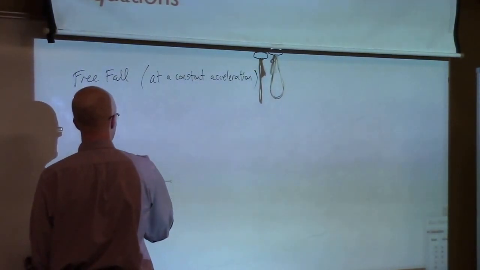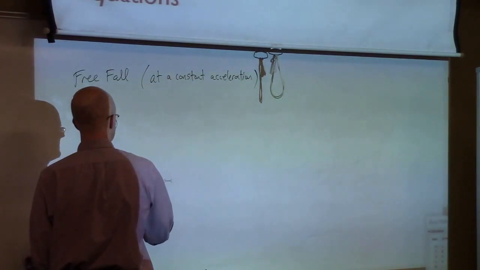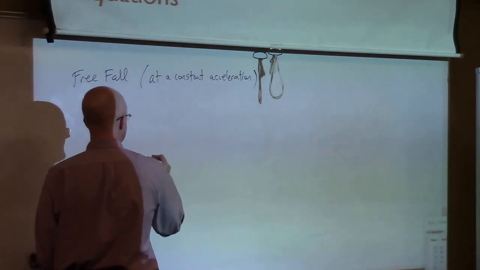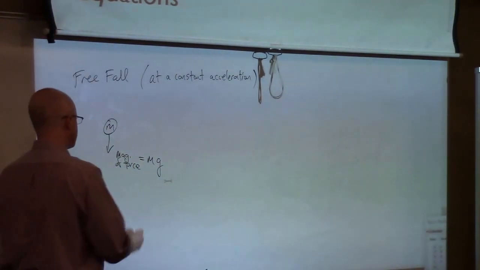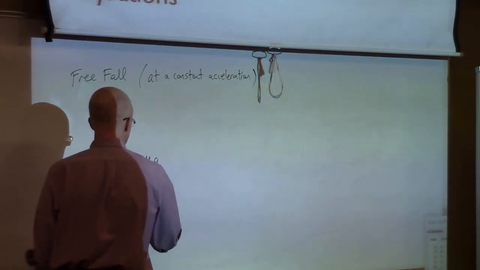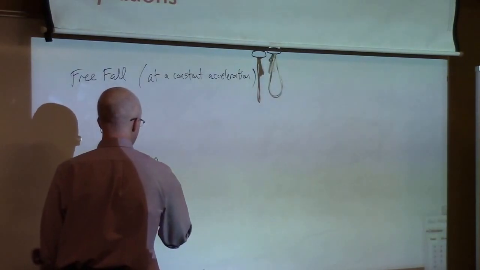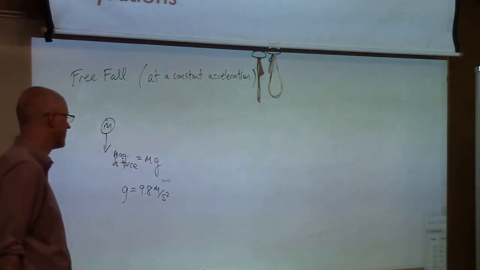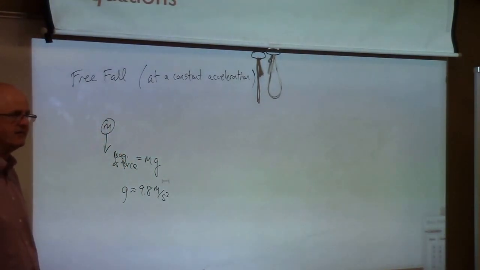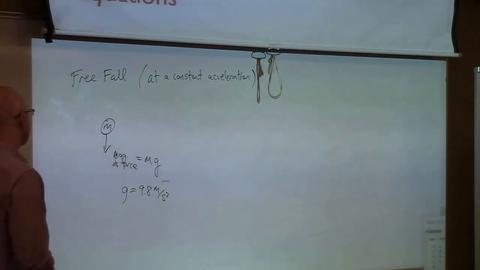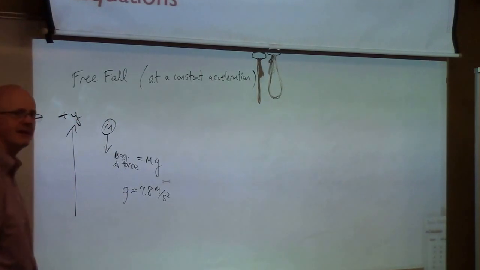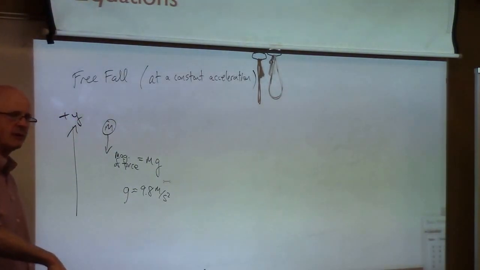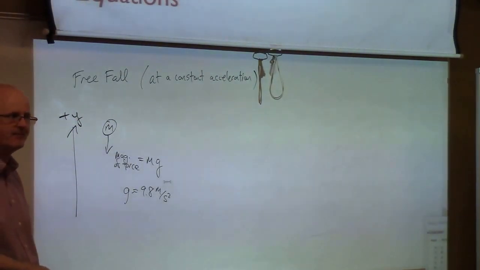Magnitude of the force is m times g, where g is the acceleration due to gravity in standard units, about 9.8 meters per second squared. If we decide to take the positive direction to be upward, then the force is directed downward, so it would have a negative sign.